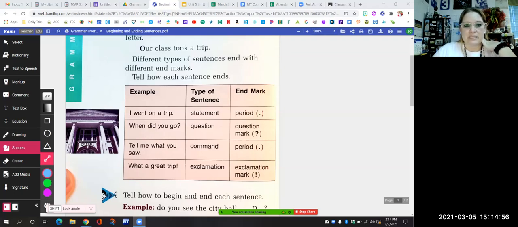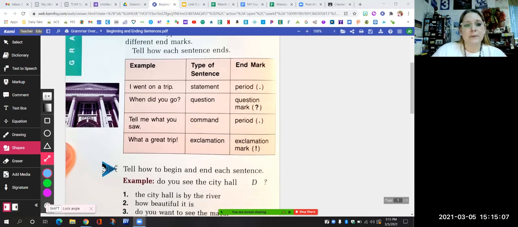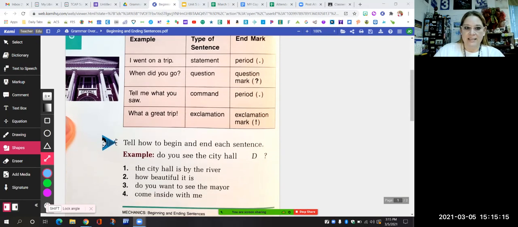The example sentence, where did you go, is a question or an interrogative sentence, and it ends with a question mark. The example sentence, tell me what you saw, is a command or an imperative sentence, and it ends with a period. And then the last example, what a great trip, is an exclamation or an exclamatory sentence, and it ends with an exclamation mark.